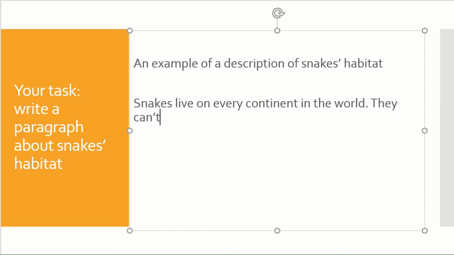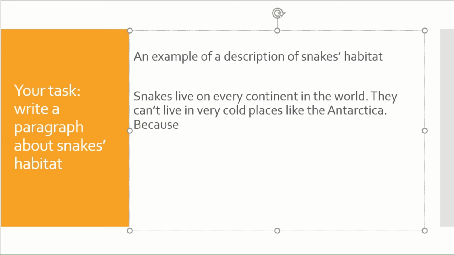They can't live in very cold places like the Antarctica because they are cold-blooded animals.